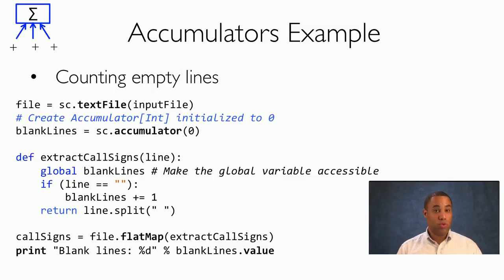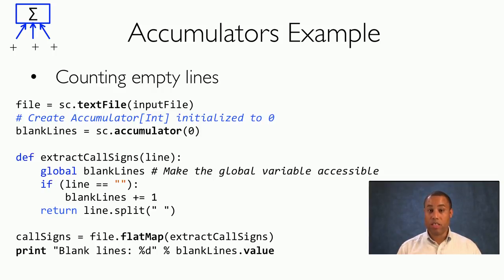Here's an example where we're going to count empty lines in a file. So we start by creating an RDD from that text file, and we have an accumulator that is set to 0. Now we're going to extract call signs from that file, and we're going to reference the accumulator blank lines.